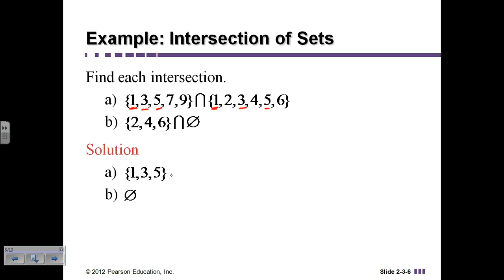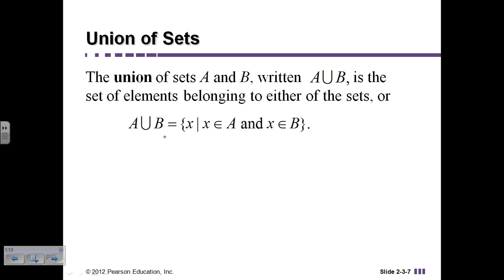Now you'll notice the symbol for intersection is the upside down U. There's another symbol that we're going to be talking about, and that symbol is for union of the sets. The symbol for union is the letter U, right side up.